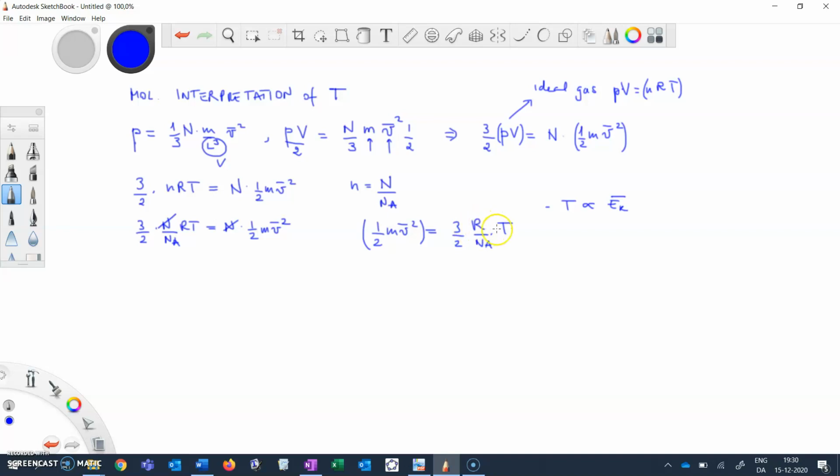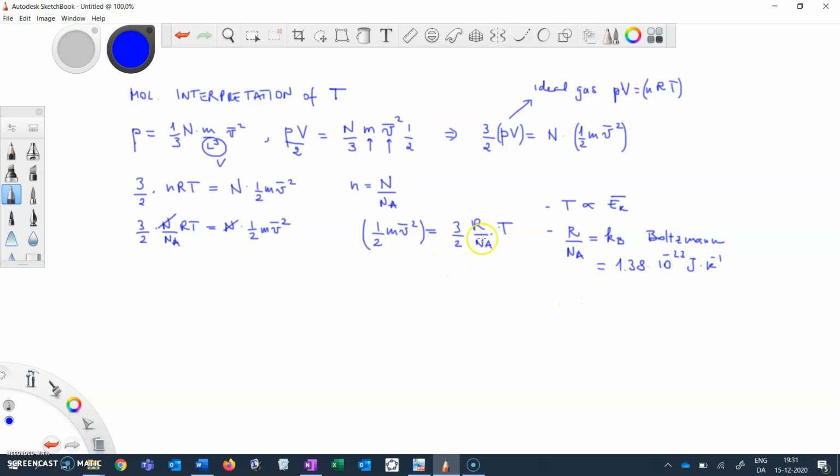And second of all, there is a constant that appears, which is R divided by the Avogadro number, which takes the name of the Boltzmann constant, kB. And this constant, if you calculate it, is equal to 1.38 times 10 to the minus 23 joules per Kelvin.